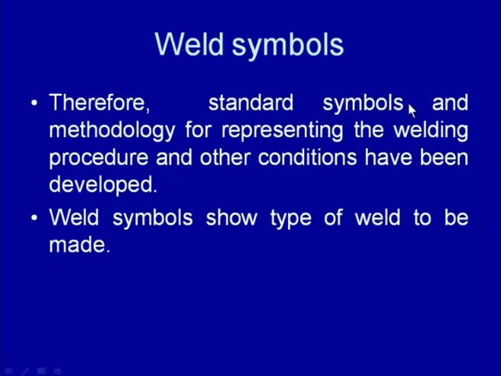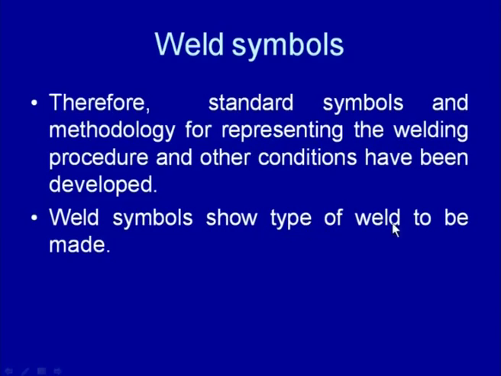Weld symbol mainly indicates what type of weld is to be made, while the welding symbol shows all relevant information including the type of weld, welding process, the location of the weld, number of welds, pitch of the weld, size of the weld, groove angles, etc. So, the weld symbols are important, but the welding symbols give the complete information about the location and all relevant information. Therefore, standard symbols and methodology for representing the welding procedure and other conditions have been developed.